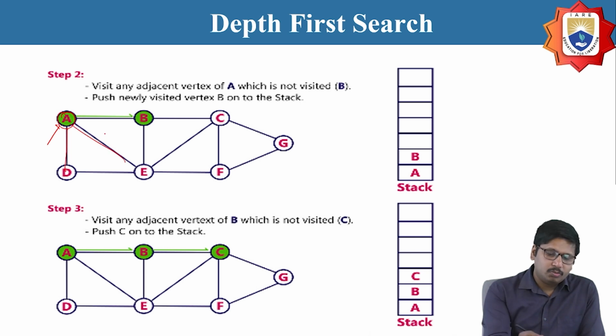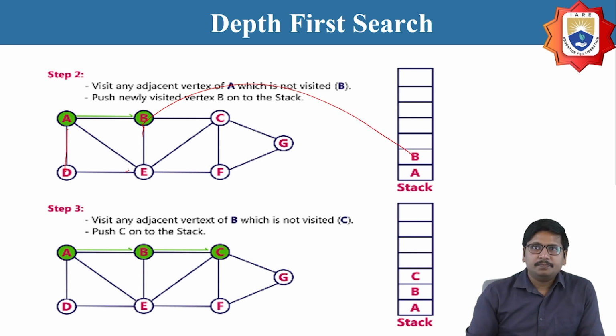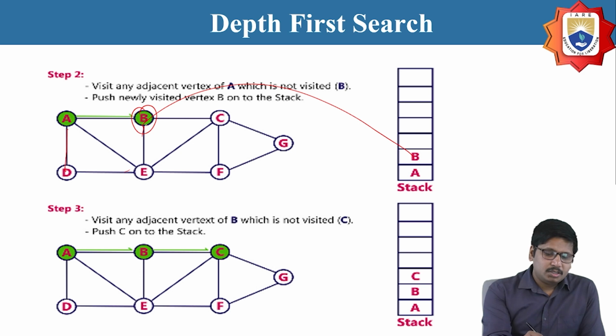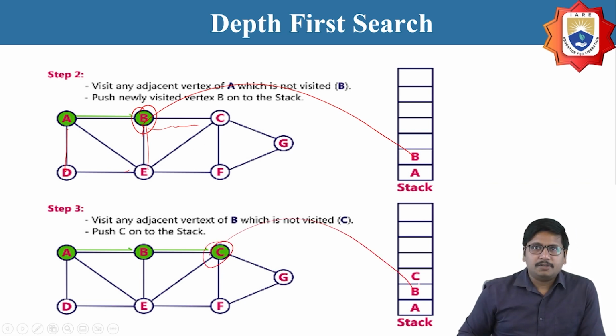That should be A, D, E. In BFS we would consider all of them, but here we are going to consider only one, and that is pushed onto the stack. Again, from B, the adjacent vertices are E and C. I'm going to consider C here, and that one is pushed onto the stack.